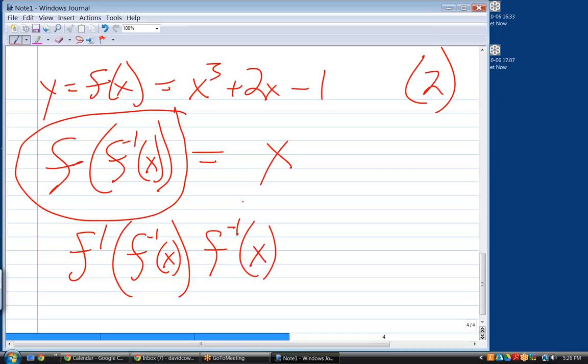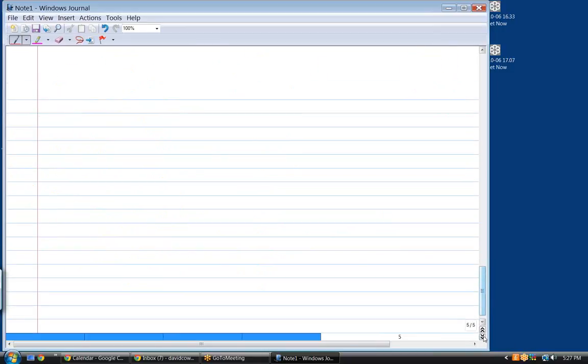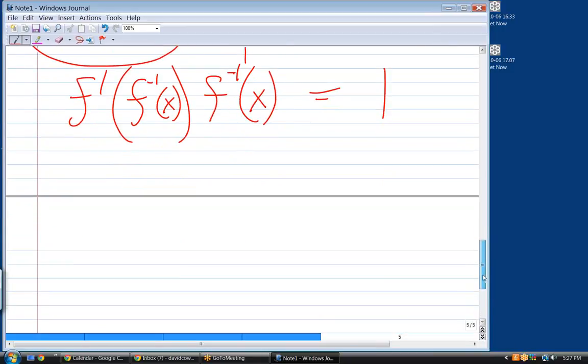Gosh, never had to do that before, even every 3 years. And the derivative of the right side is just 1, right? Okay. So what ends up happening here is you end up with the equation for f inverse.